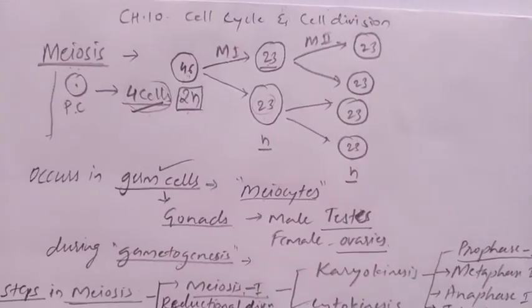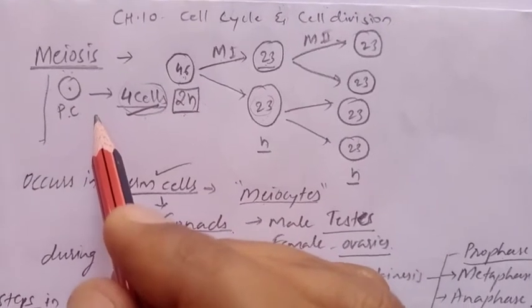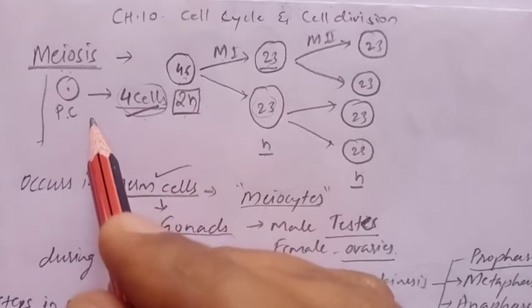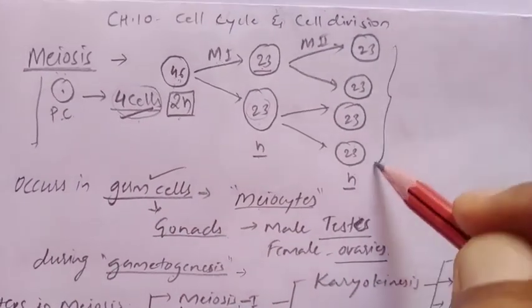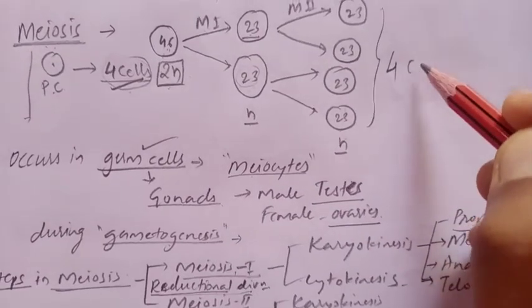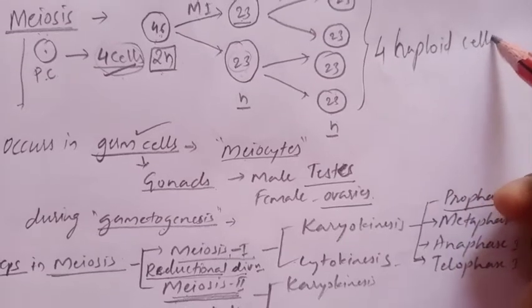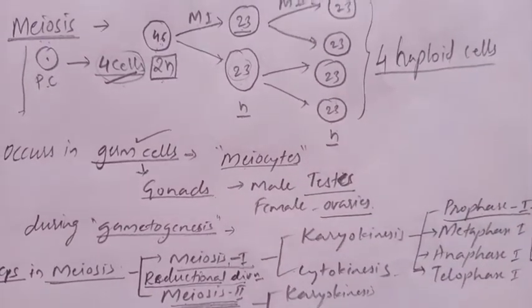Meiosis is a specialized cell division where the chromosome number is reduced to half of its parent cell, and the result will be 4 haploid cells, right?